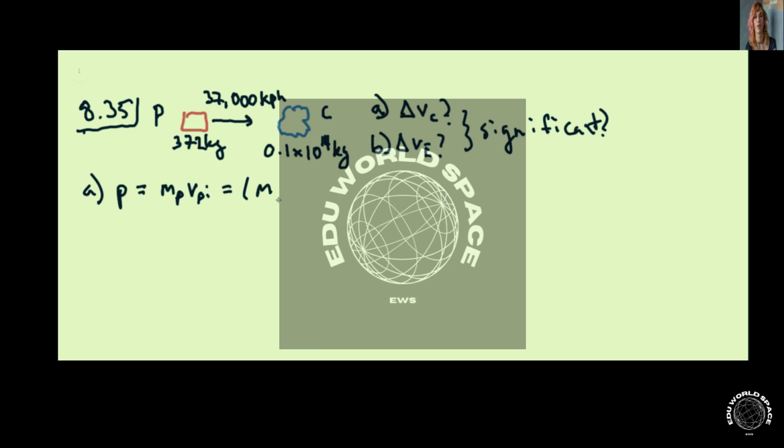So this will be the mass of the probe plus the mass of the comet, times the final speed of the comet. And so then we just divide both sides by the combined mass.